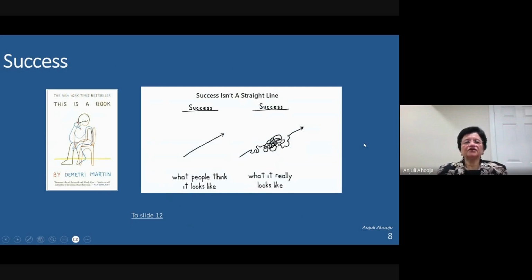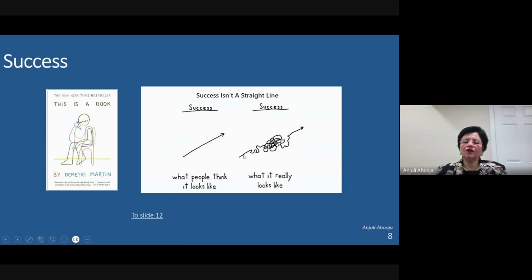The last stage could be success or innovation. However, Demetri Martin, the left side is the book by Demetri Martin, actually said something so profound that has stuck with me for a long time. Whenever somebody succeeds, everybody sees the initial point and the final point, and they think it was a straight line towards success.